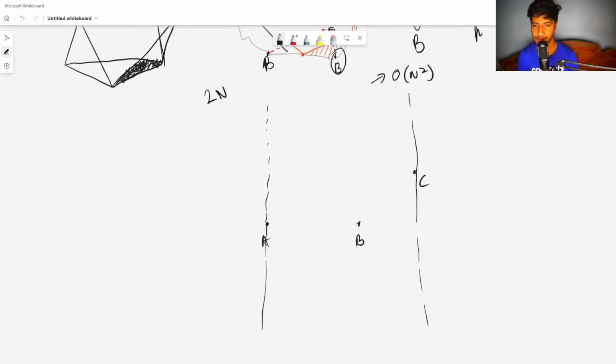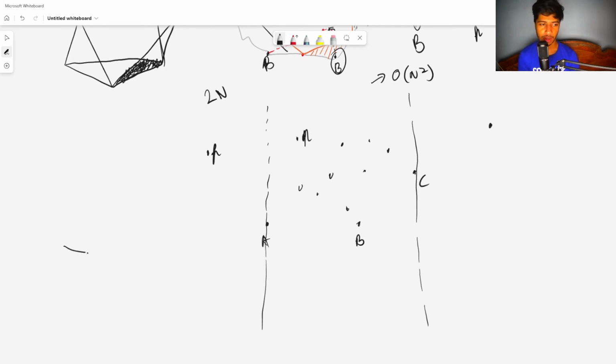Now if a P lies outside that vertical area, then you don't even need to consider it, because you know this will not lie in this triangle ever. It's only the P's that lie inside this vertical area that you need to consider. If they lie outside, they are not in the triangle. If they lie inside, they may or may not be in the triangle. So you need to consider all those points, right?